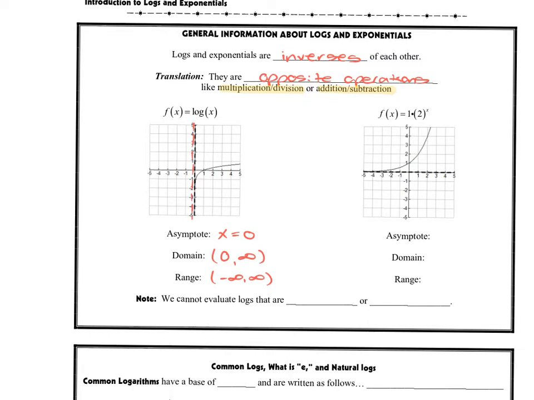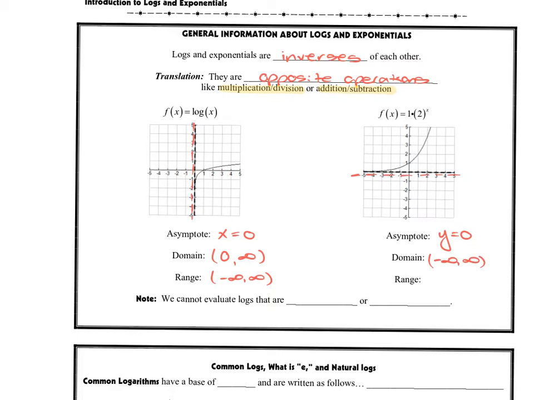Now, when I look at my sample function for an exponential, what I'm going to notice is that instead of a vertical asymptote as I had for my logarithm, I'm going to have a horizontal asymptote for my exponentials. So instead of an x equals, I'll have a y equals. My domain is going to cover the entire spectrum of my x values, so negative infinity to positive infinity.